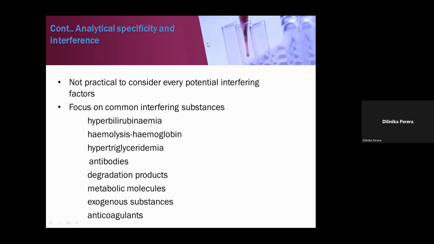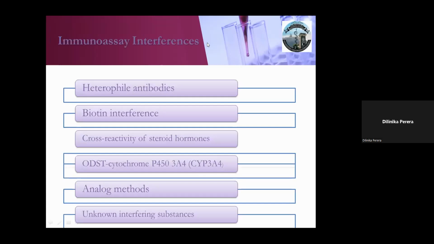But practically, we can't detect each and every interfering factor, but we can look into some common interfering substances such as hyperbilirubinemia, hemolysis, hypertriglyceridemia, antibodies, especially for immunoassays, and some degradation products, metabolic molecules, exogenous substances, and sometimes anticoagulants. There is a list of substances which can cause interference, but here I have listed only the common ones.